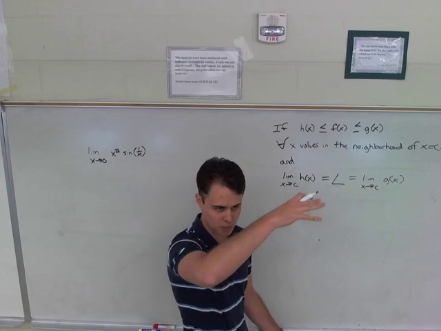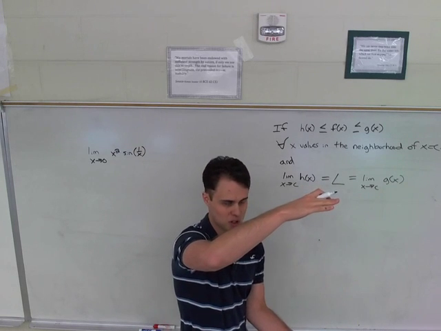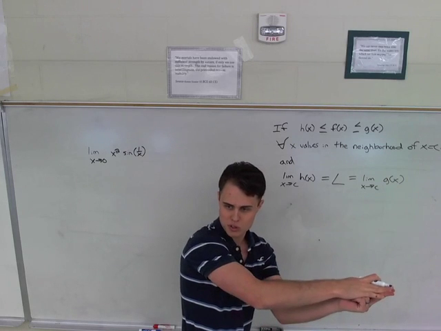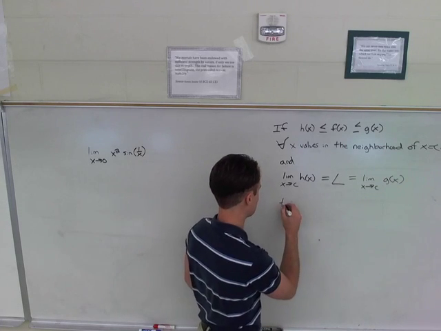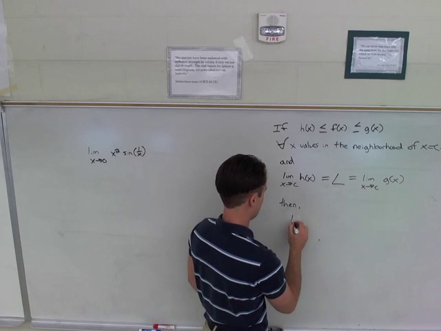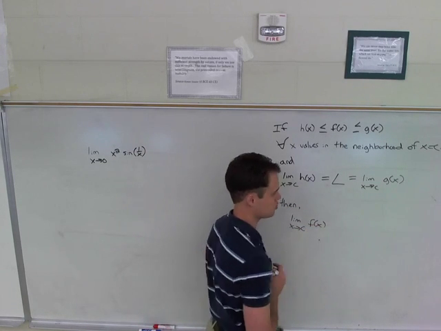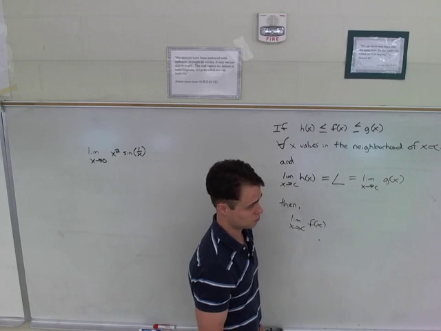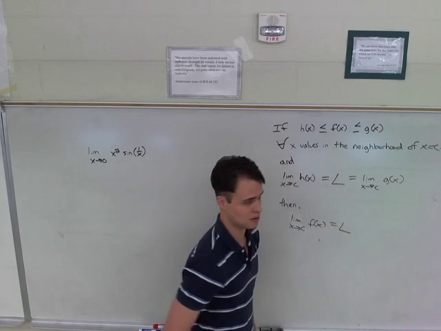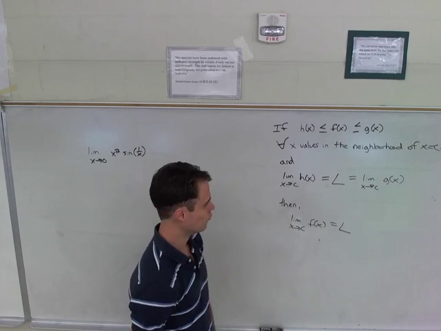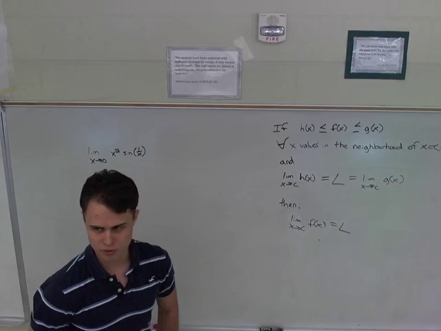You can often find something on top, something on bottom, smash something else in the middle, and find the limit of those two and show that it's the same as the other limit. So the punchline is the limit which you were trying to find of f is the same thing. Okay? So that's the squeeze theorem. I love this stuff. It's squeezy.